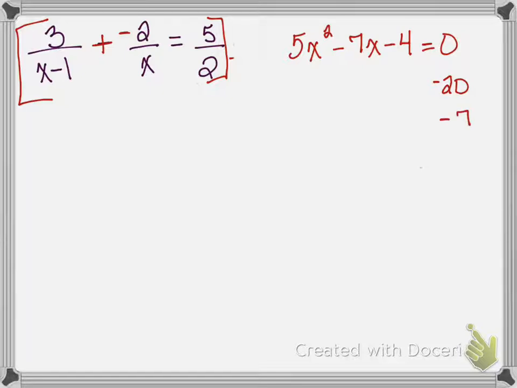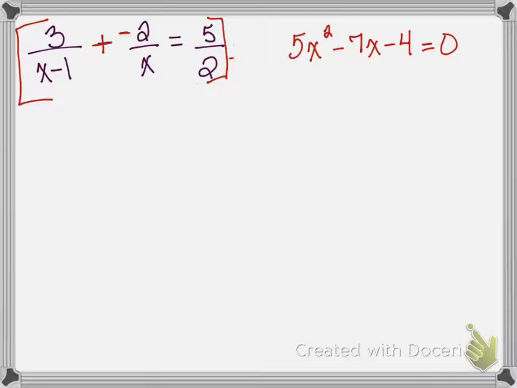Negative 10 and positive 2 give me negative 20, but negative 10 plus 2 does not give me negative 7. Okay? Can this be factored? No, it cannot be factored.